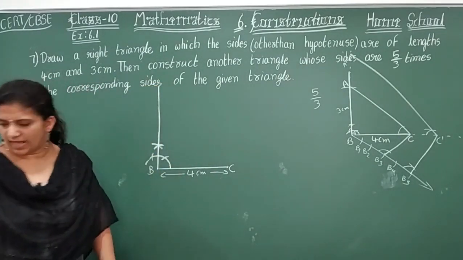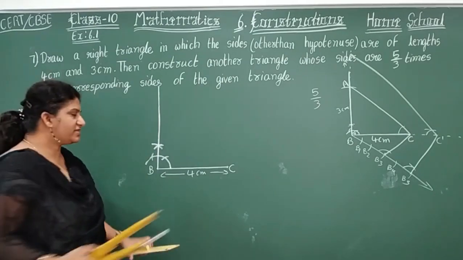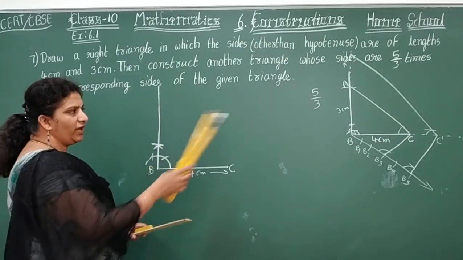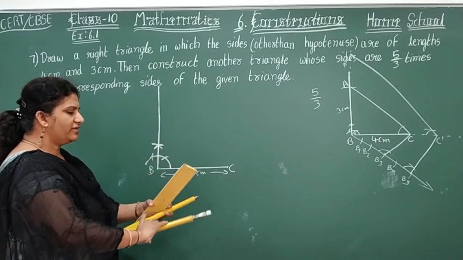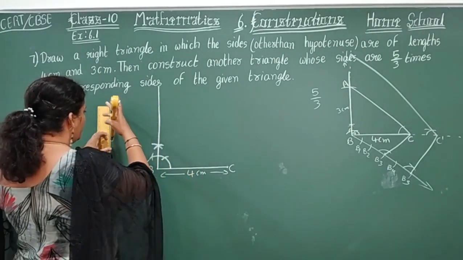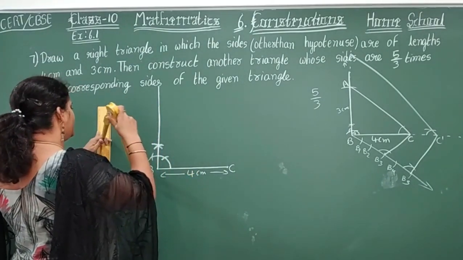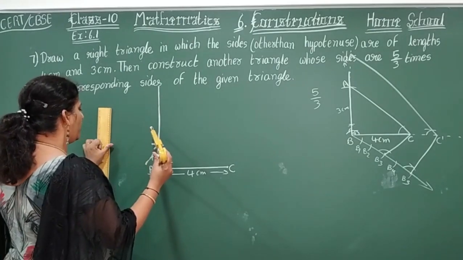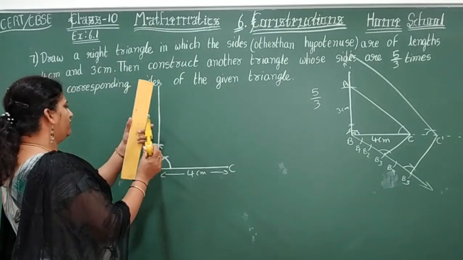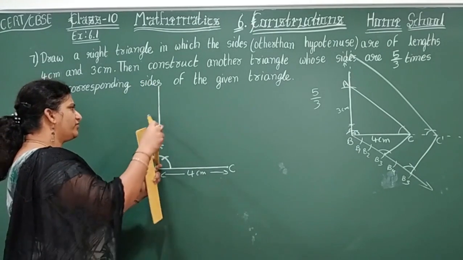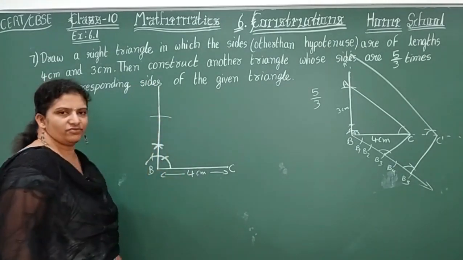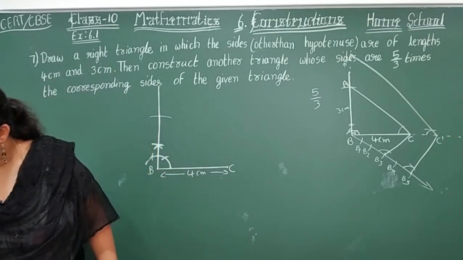Okay. So, now, what's your next step, children? B to A. What is the measurement there? 3 centimeters. Look here, 3 centimeters. I'm going to draw an arc here. So here, this is your 3 centimeters. I've drawn an arc.